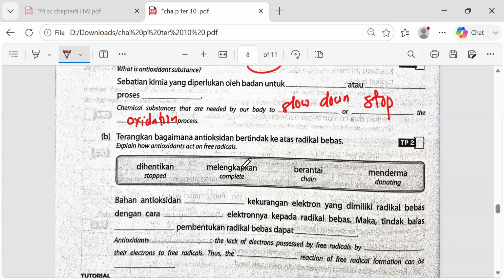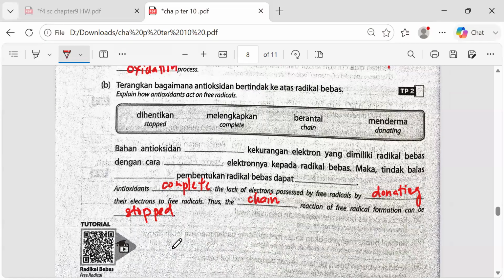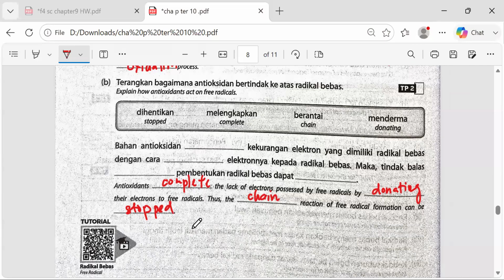Antioxidants complete the lack of electrons in the free radicals by donating their electrons to the free radicals, thus the chain reaction can stop.